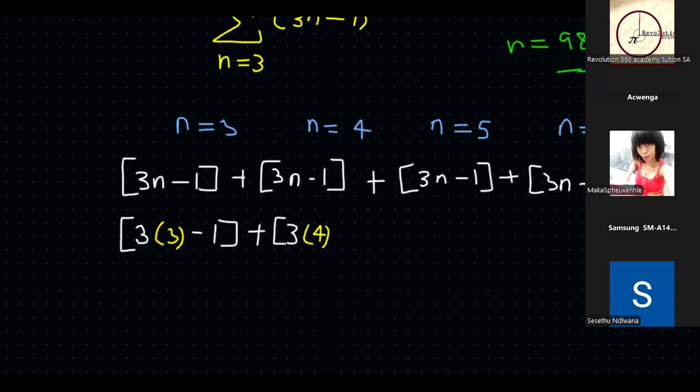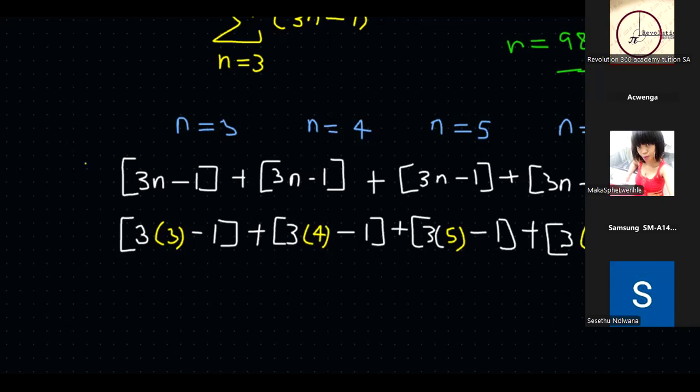Plus, open brace 3, and for this one we substitute n equals 5, so here you write 5, minus 1, plus brace 3. There is a reason why yesterday the ones which include large numbers, I said you must leave them. It was specifically for the purpose of this video, because if I teach you everything at a go, you won't understand. You'll get confused.